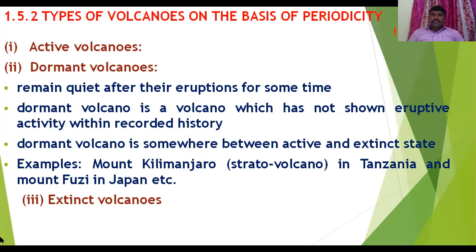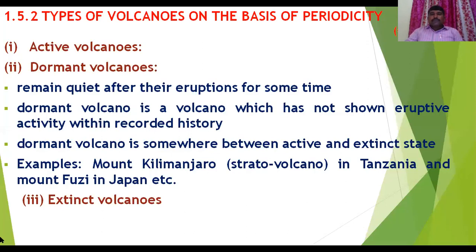According to volcanologists, a dormant volcano is a volcano which has not shown eruptive activity within recorded history, but shows the signs of eruptive activity within the recent geologic past.